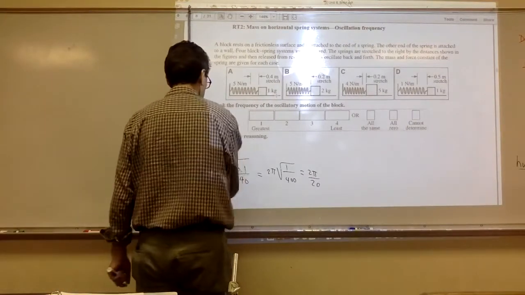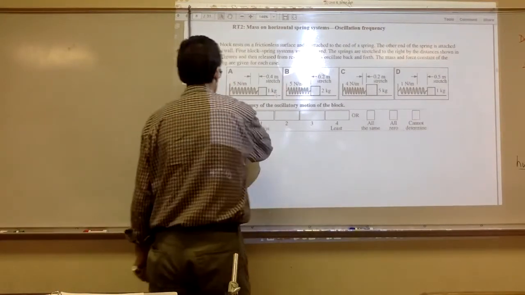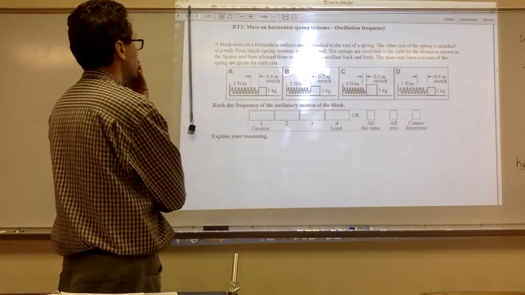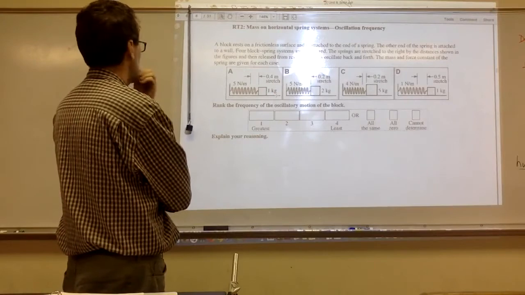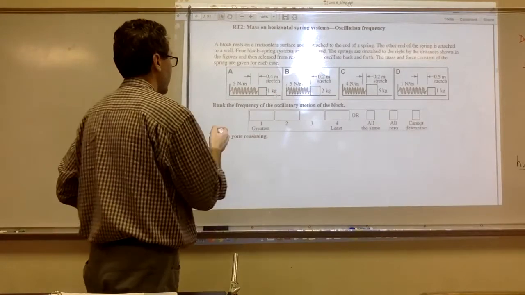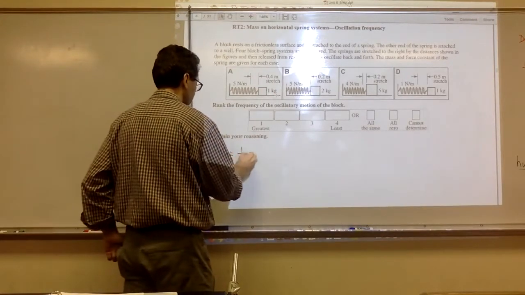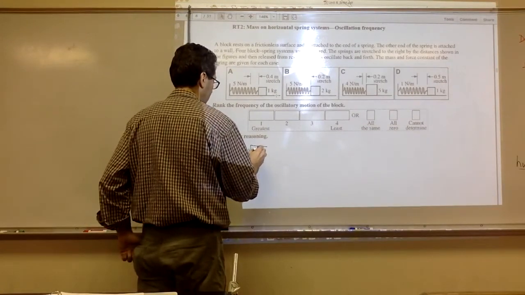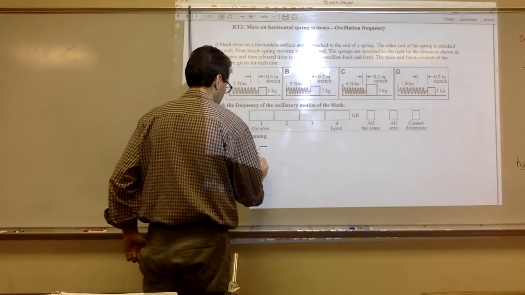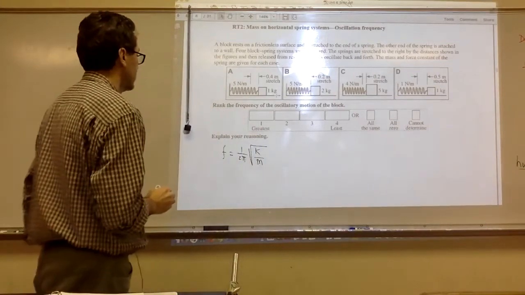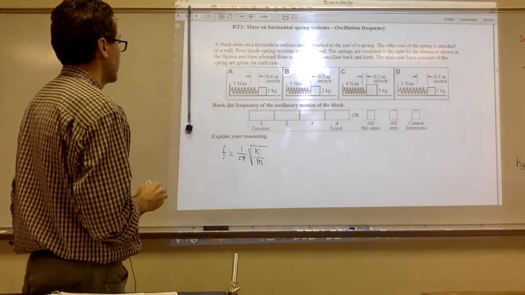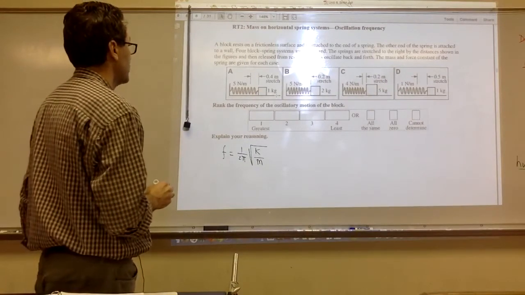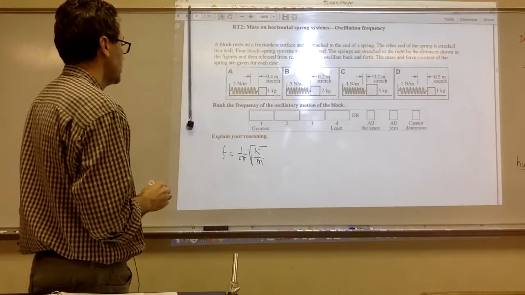Okay, I'm going to look at RT2. We're trying to rank the frequency. Now, frequency is 1 over 2 pi times the square root of k over m. So if we want to rank the frequency, we just have to rank the ratio of k over m.